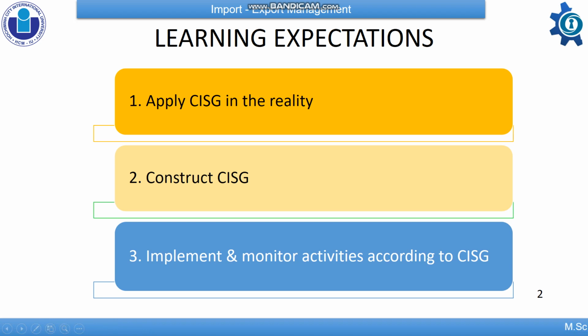Okay. And the third expectation is you know how to implement and monitor the activities according to the contract. So you need to check your side and also your partner if we are following the articles in the contract.